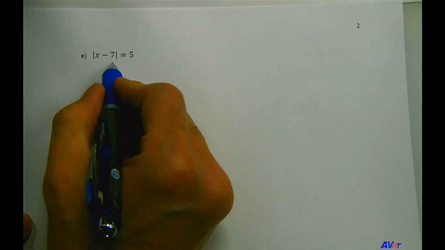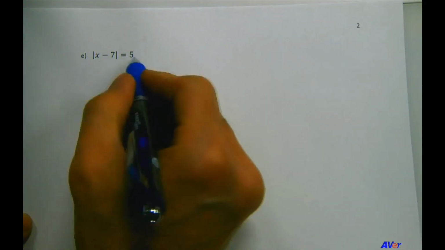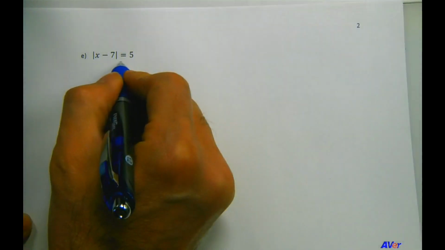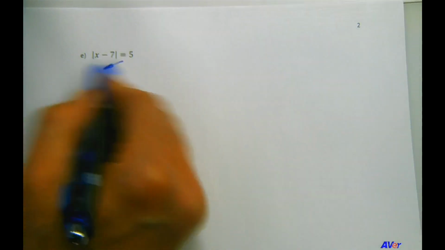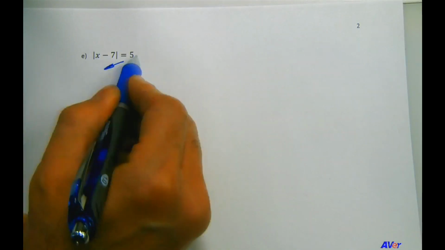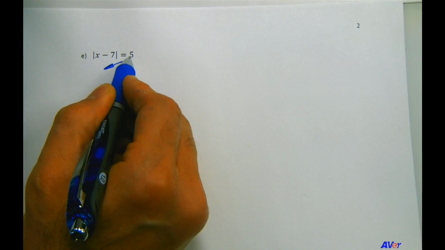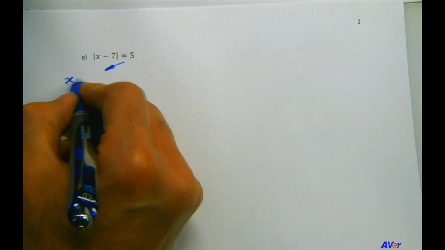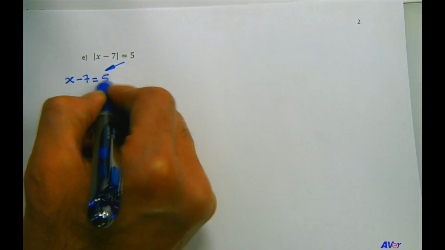Okay, so here we have two solutions, right? One solution comes from rewriting the whole equality as it is without the absolute value bars. So x minus 7 equals 5.